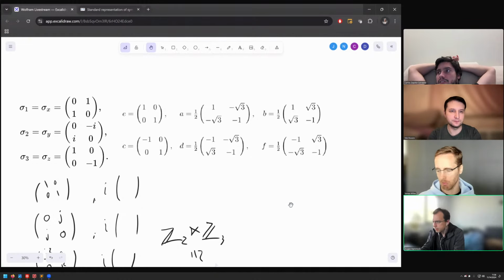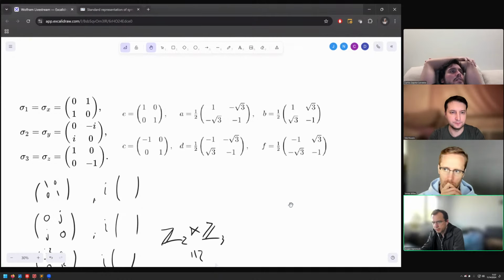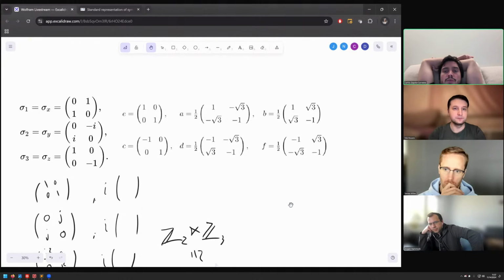That makes it very interesting. No, D is a pure rotation. D is rotation matrix 2 pi over 3. F is probably twice that. Yeah. Okay. And then A and B are the reflections. Yeah, right, right.